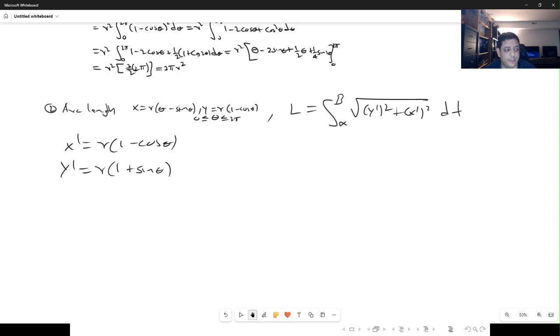And so now we want to put this into play with what we got. So that's going to be the integral from 0 to 2 pi.